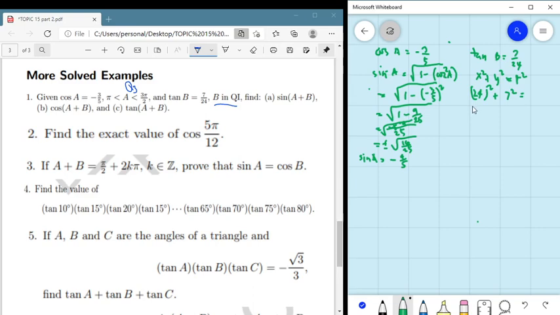So 24 squared is 576 plus 49, so we have 625 equals your r squared. So your r here is 25, the square root of 625. So this means that your sine beta is equal to 7 over 25.